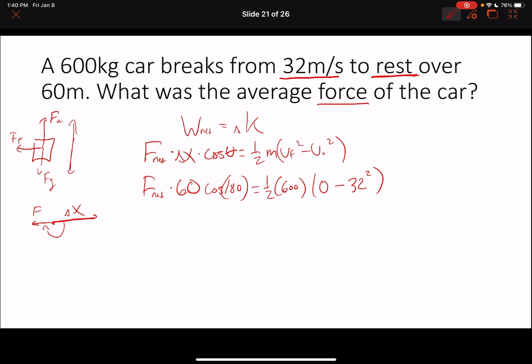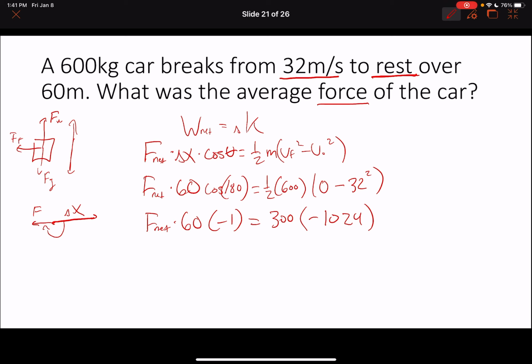So we can rewrite this. F net times 60 times, what is cosine 180? Go ahead and put it in your calculator. If you don't know, cosine 180, I get a -1. And then 1/2 is 600, that's 300. And then 0 minus 32 squared is just 32 squared. What is 32 squared? I don't know. Let's throw it in the calculator. -1024.